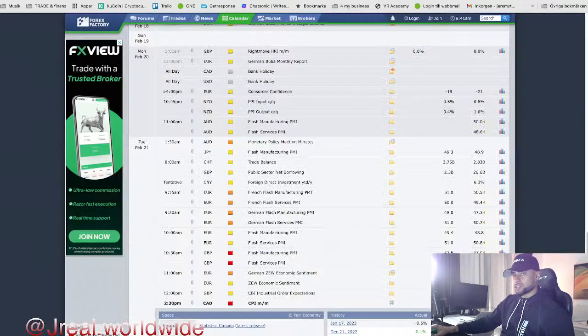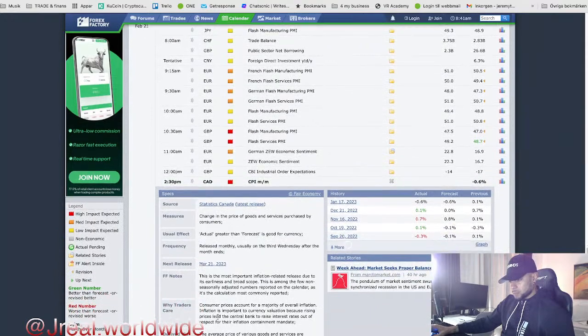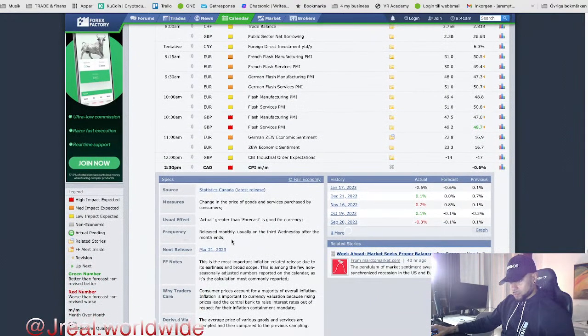And we also saw that there's news coming out for CAD today. Yeah, 2:30. We got the CPI. What is this? The CPI. This is the most important release, monthly, usually the third Wednesday after month, actual greatest statistics. Okay, so this is basically the CPI reading for the Canadian dollar.